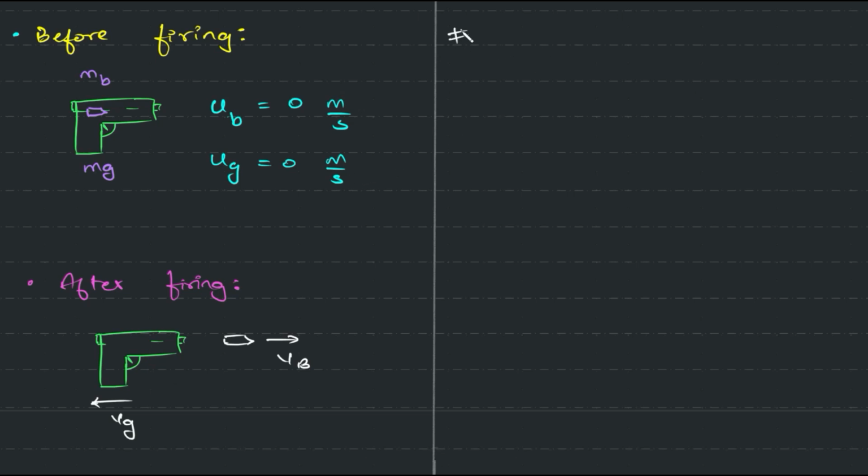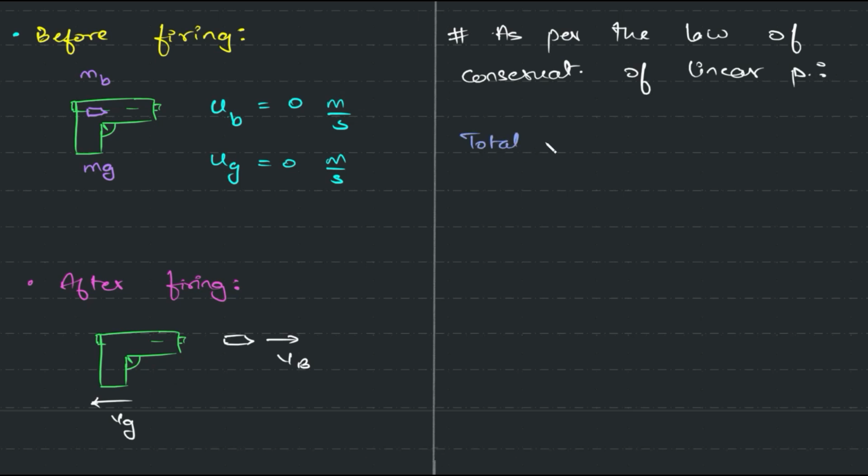Okay, now we'll apply the law of conservation of linear momentum. What we have is total momentum before we fire has to be equal to total momentum after the firing.